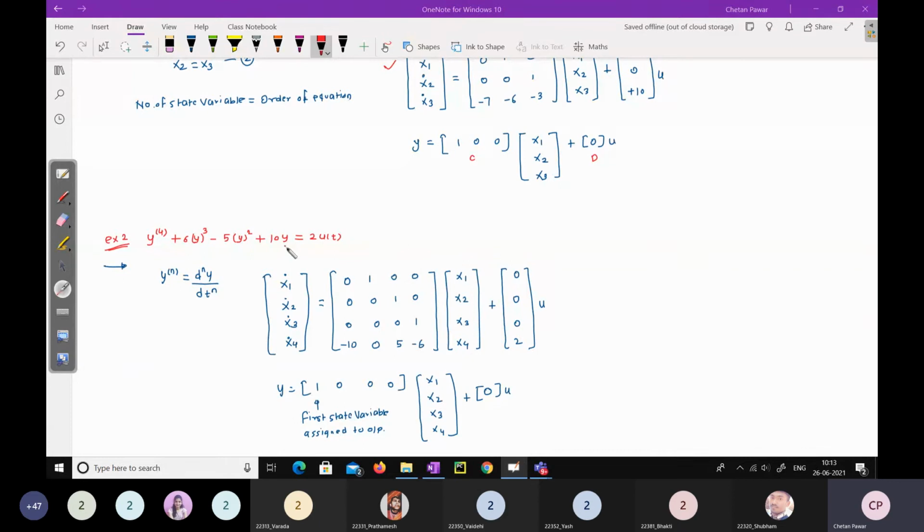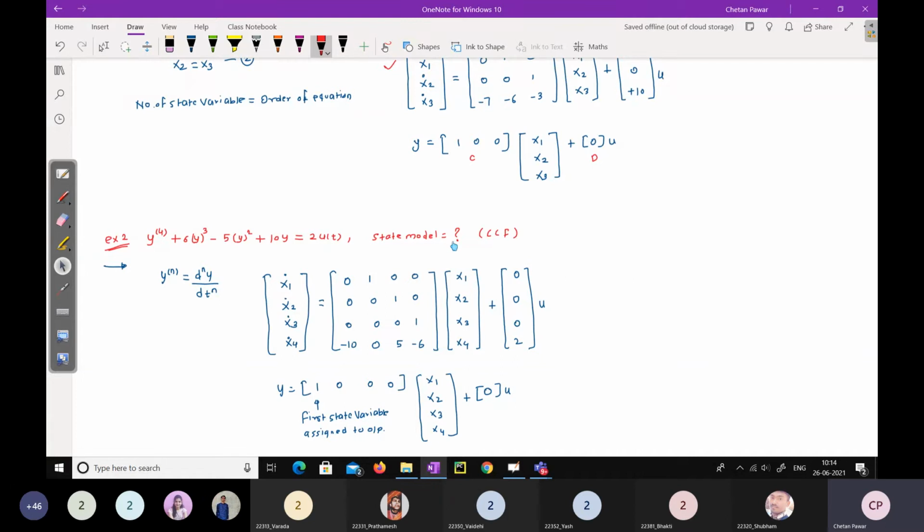And if they ask you to form this in controllable canonical form, in CCF form, controllable canonical form.